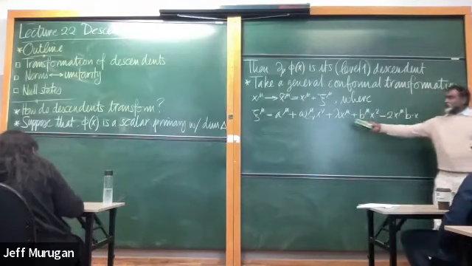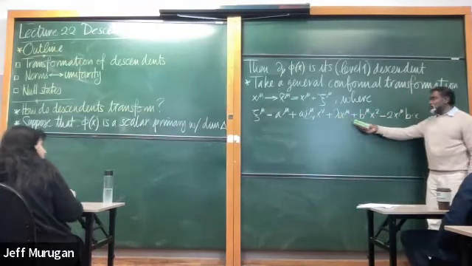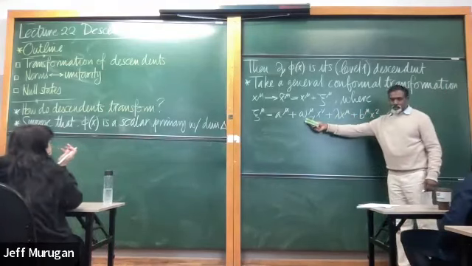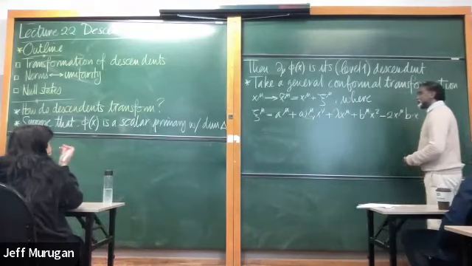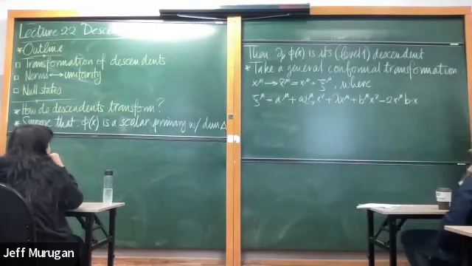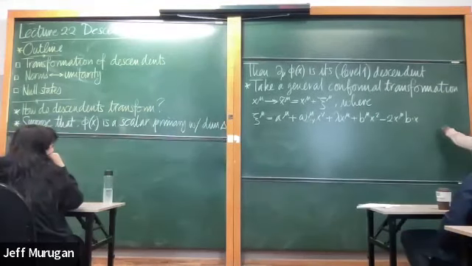Again, the lambda parameterizes dilatations, the b parameterizes special conformal transformations, the omega parameterizes Lorentz transformations, and the a parameterizes translations.